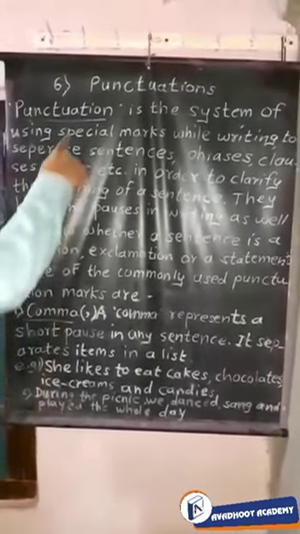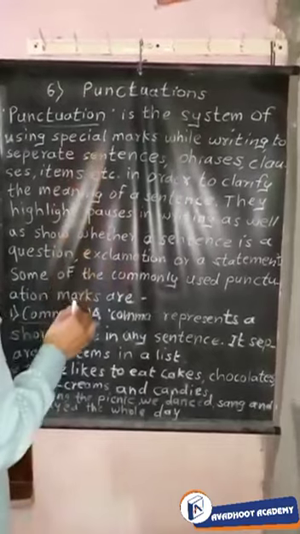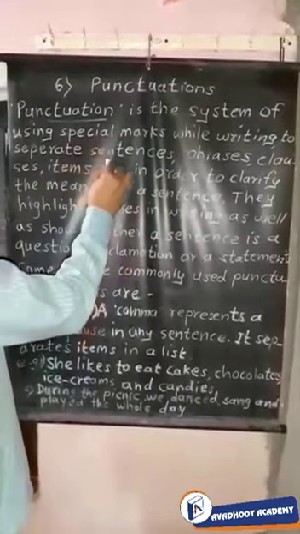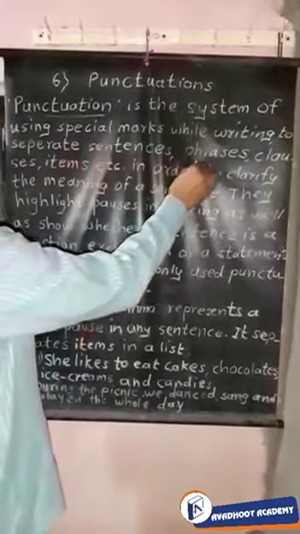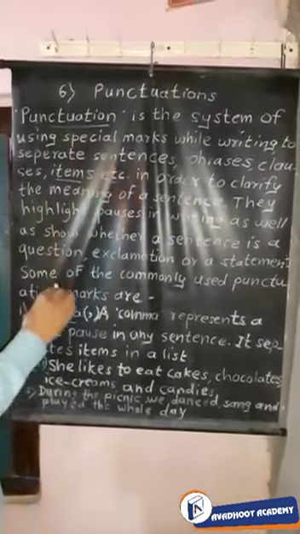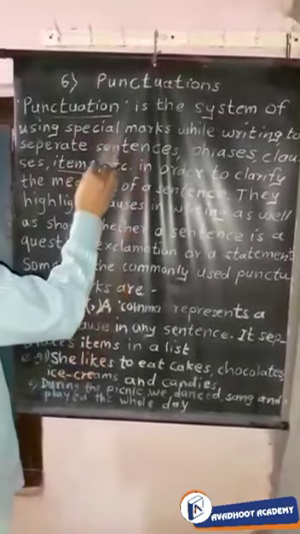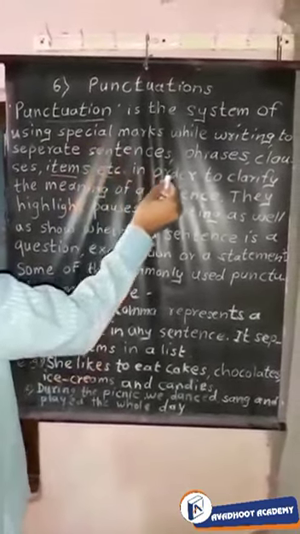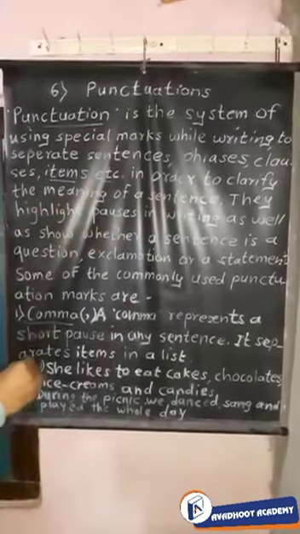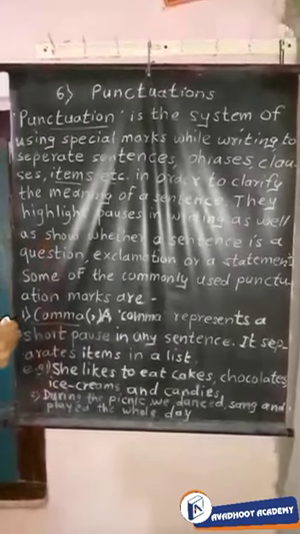First we will see the definition of punctuation. Punctuation is the system of using special marks while writing to separate sentences, phrases, clauses, items, etc. It means it is a system of using special marks while writing to separate sentences, phrases, clauses, or items in order to clarify the meaning of sentences.